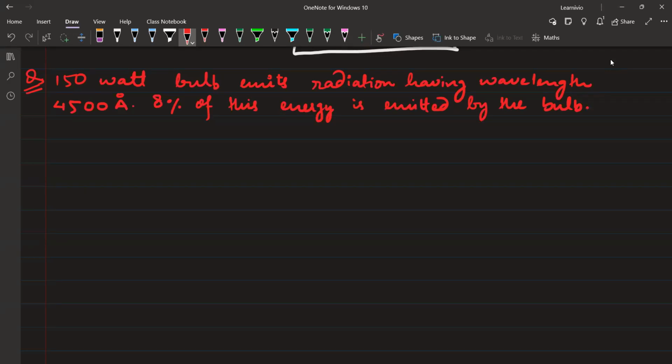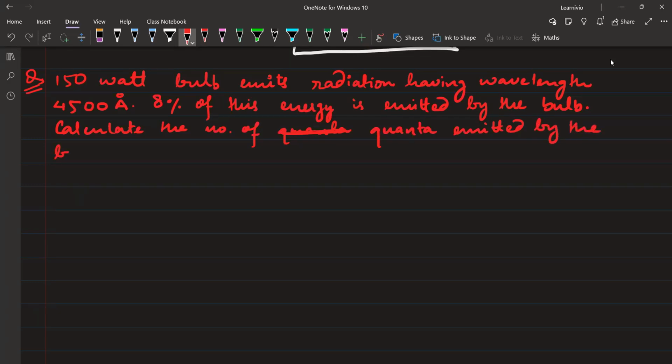Calculate the number of quanta emitted by the bulb in 1 second. Number of quanta, वही photon है ना, quanta.